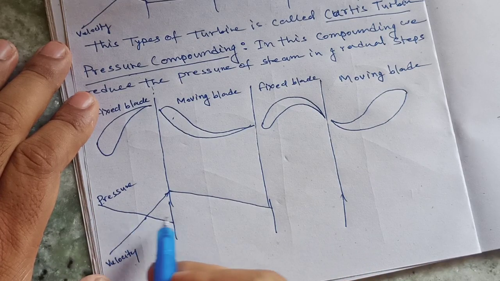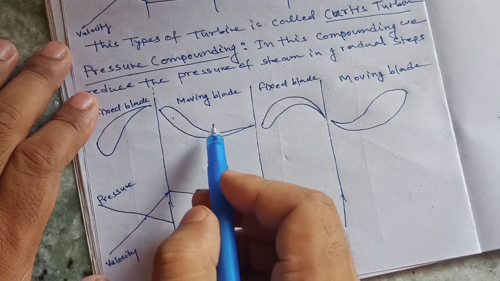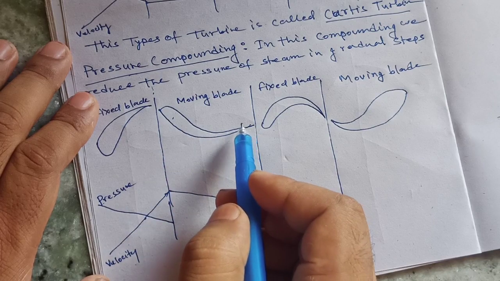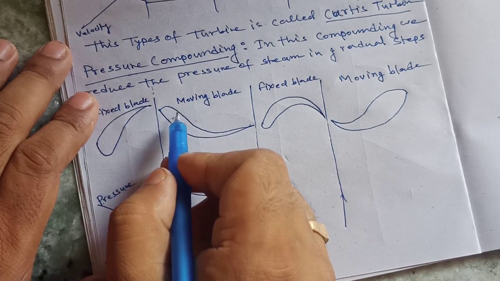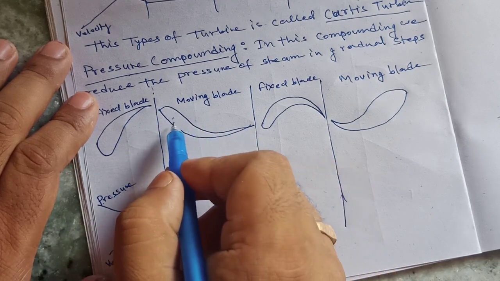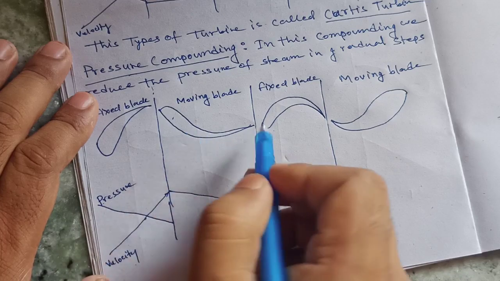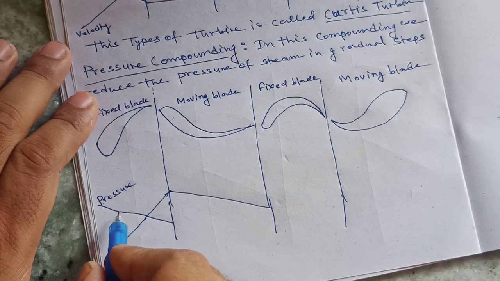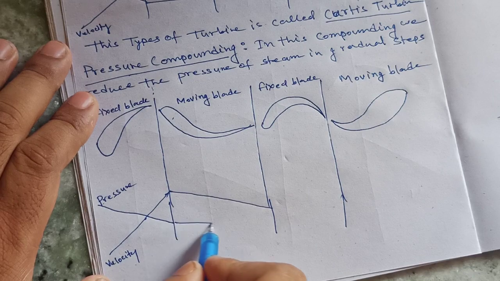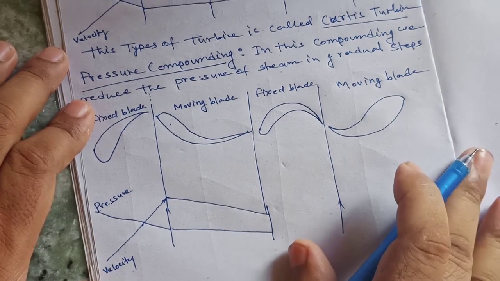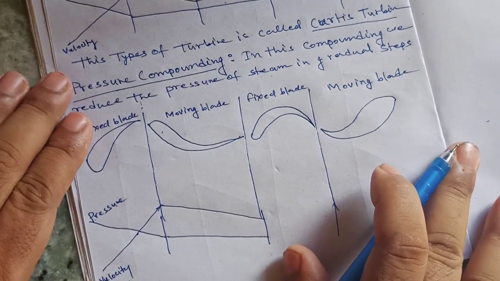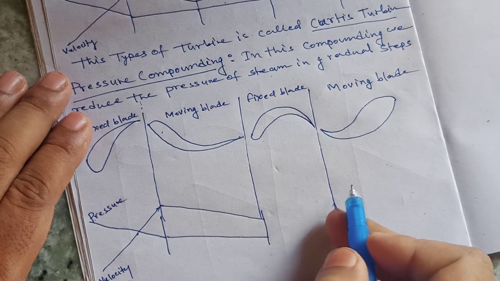Now if the steam passes through the moving blade, we already know the velocity reduces and pressure also reduces in the moving blade when it is a reaction turbine. Reaction turbine means the turbine blades act as a nozzle. So in the nozzle we already know the pressure will reduce. Now at the fixed blade, what happens?